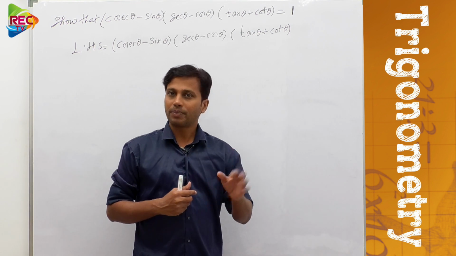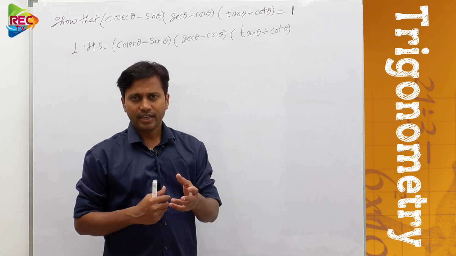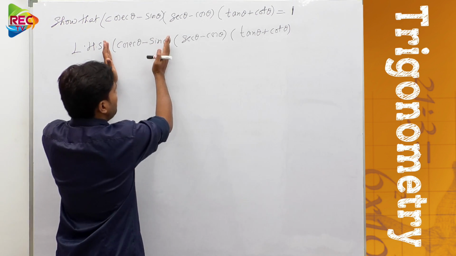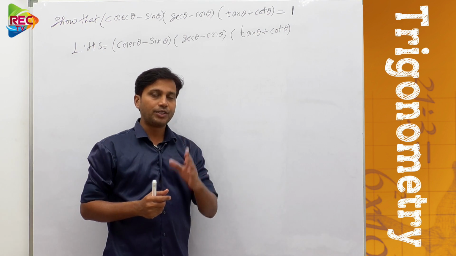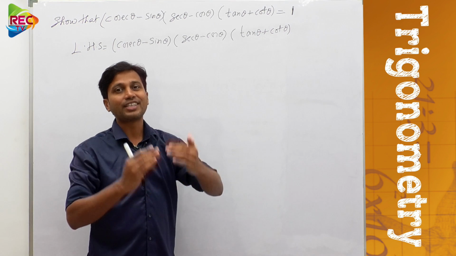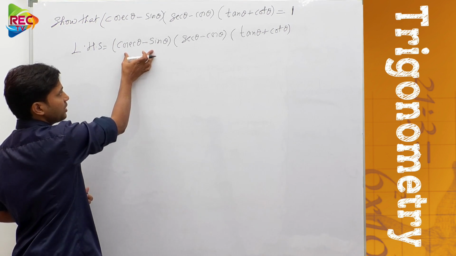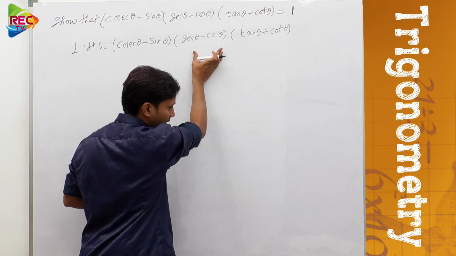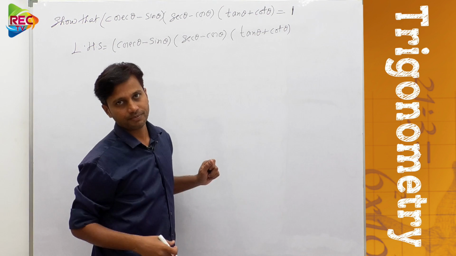So we shouldn't make it complex. In order to solve it, simply solve each individual expression. For our convenience, convert all the trigonometric terms into sine and cos, individually.